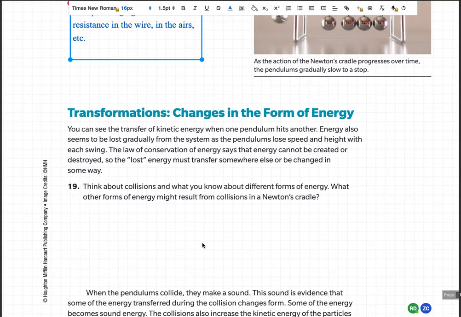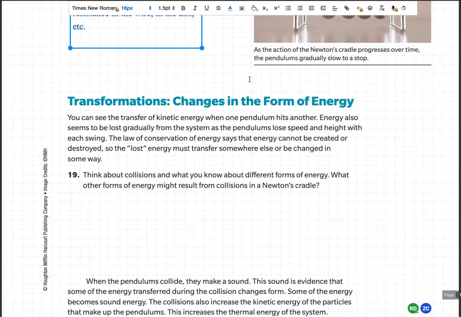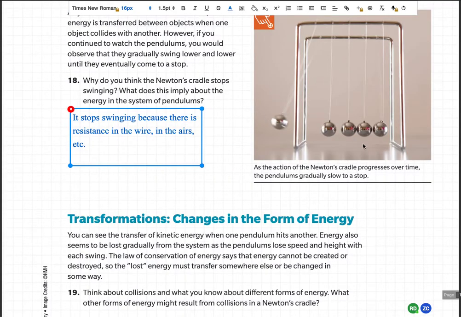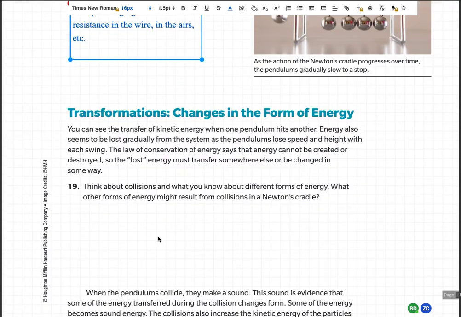Think about other collisions, about different forms of energy. What other forms of energy might result from collisions in Newton's cradle? Here are some other examples. What's happening with this that you see? I think the easiest thing would be sound. You're going to hear these balls click, click, click back and forth.